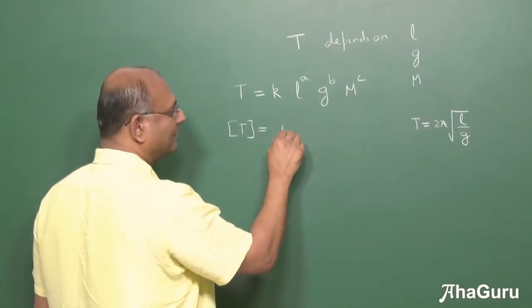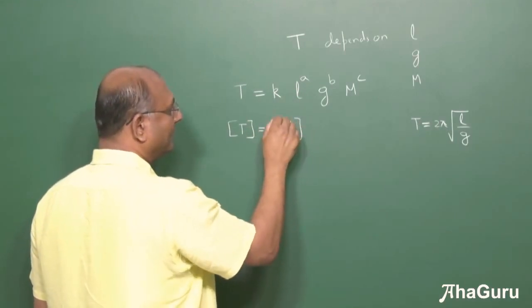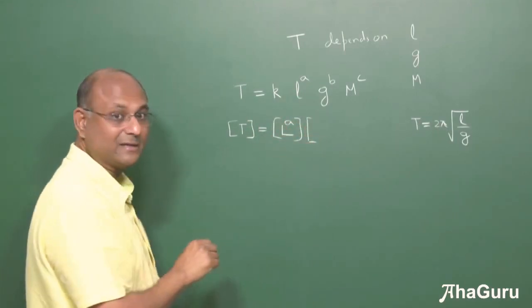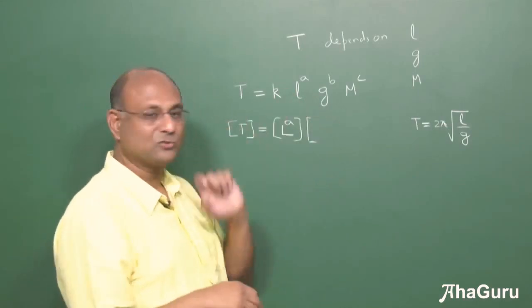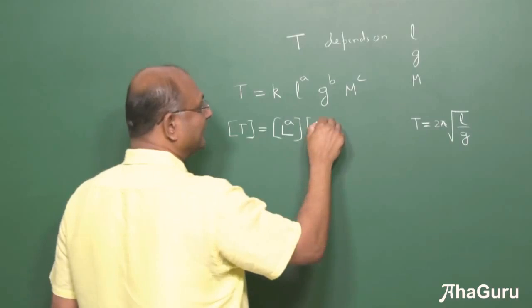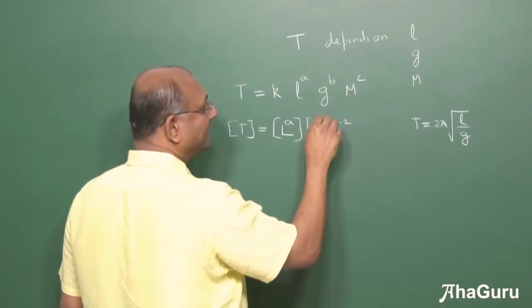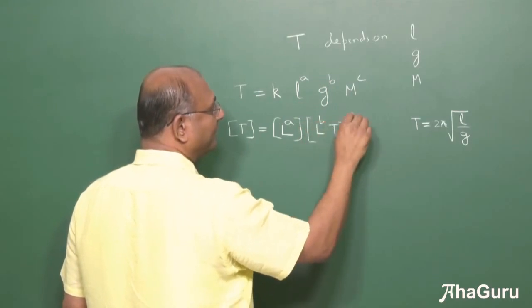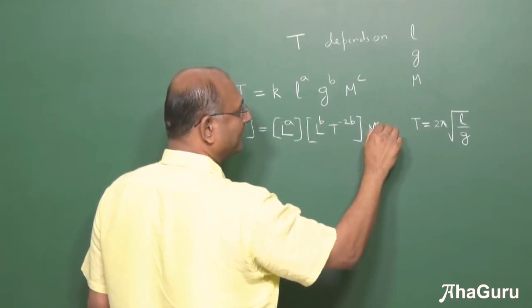Dimensions of L, length L. So L power A. What is G? G is acceleration. Remember, acceleration is what? Length by time square. So L by T square. So this is L T power minus 2 power B. So L power B, T power minus 2B. M power C.